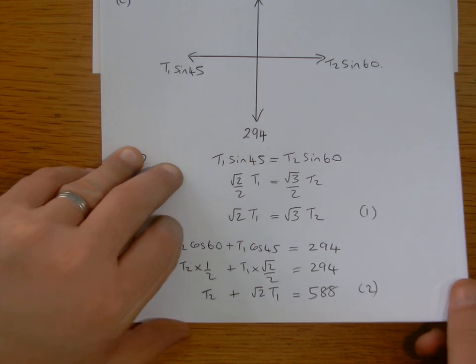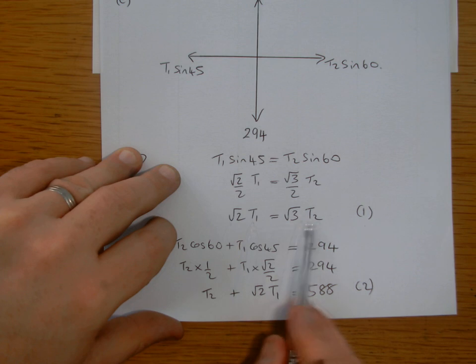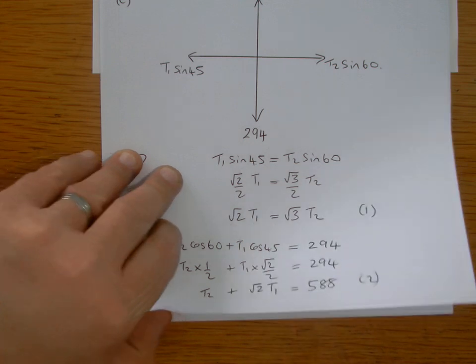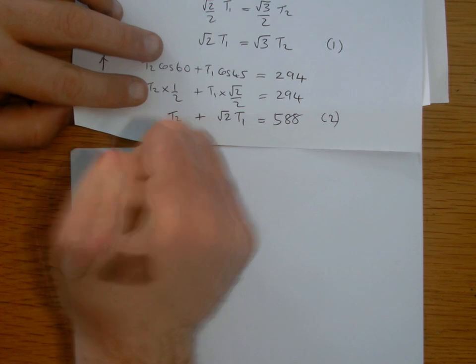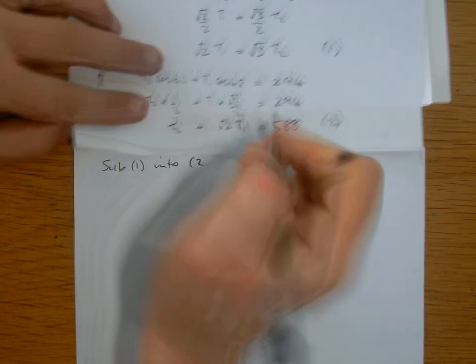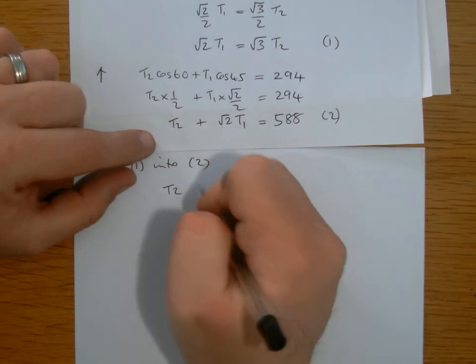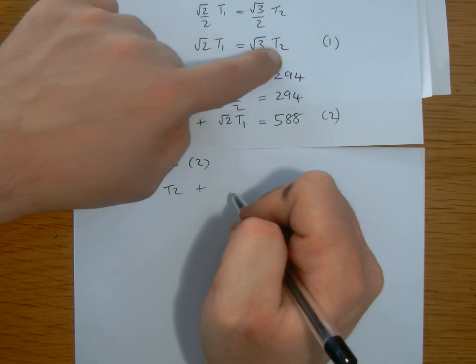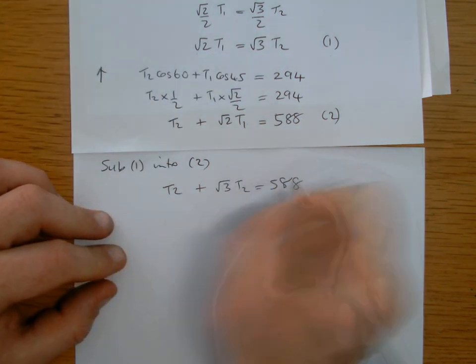Now, in this case, we've got root 2 T1 here is equal to this. So I could replace root 2 T1 with root 3 T2. So I can say, sub 1 into 2. I'll get T2 plus, instead of root 2 T1, I can write what it's equal to, which is root 3 T2, equals 588.